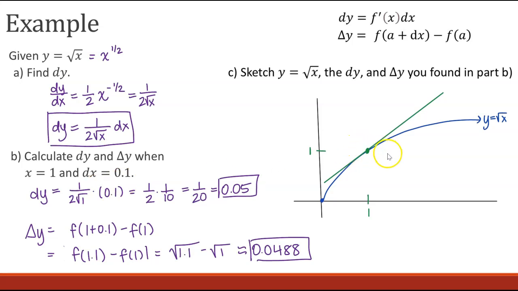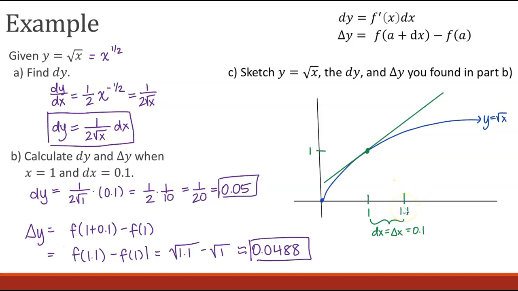But I wouldn't have a very visible dy or delta y if I make 0.1 as small as it actually is. So 0.1 would be really close to 1. So like I said, I'm going to fudge it a little bit, and I'm going to put 1.1 way over here. So this distance here, this is my dx, this is my delta x, this is 0.1.